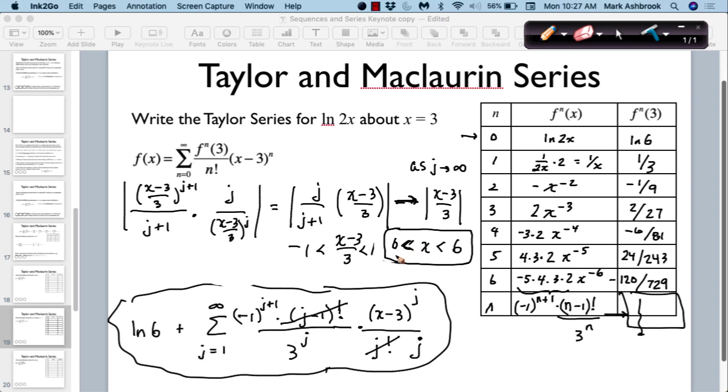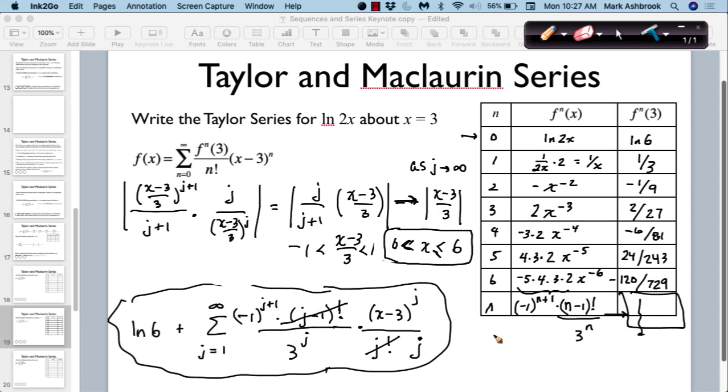What about 6? Is that the alternating harmonic? Yep, so we got that. So you should get 0 to 6 is your interval. If you plug 0 in, you get the harmonic series. If you plug 6 in, you get the alternating harmonic series, which converges.